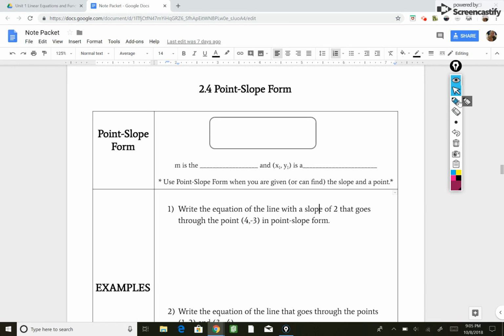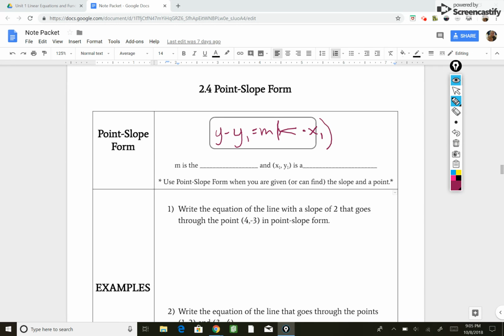Alright, so we're going to be talking about point slope form today. Point slope form is the equation y minus y1 equals m times x minus x1.